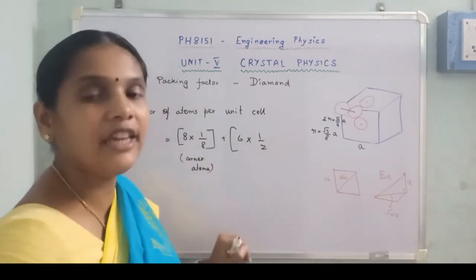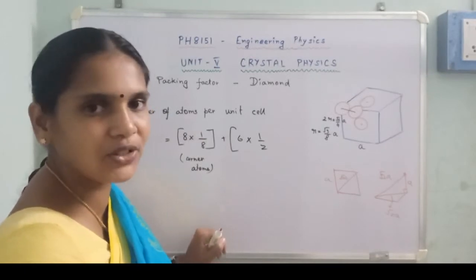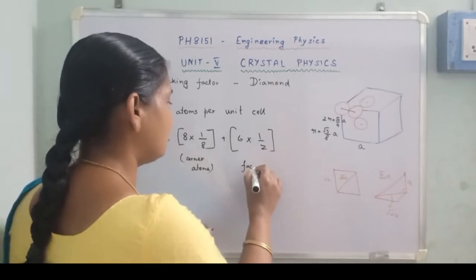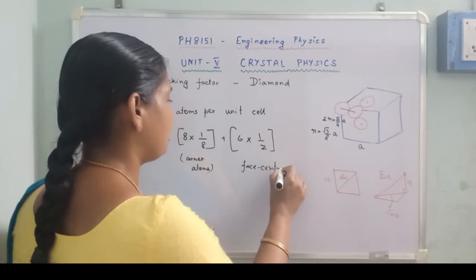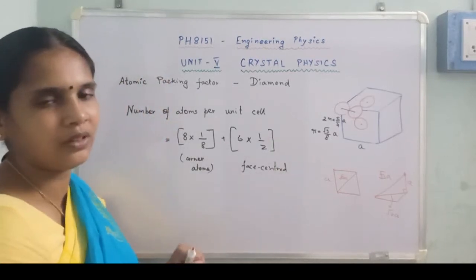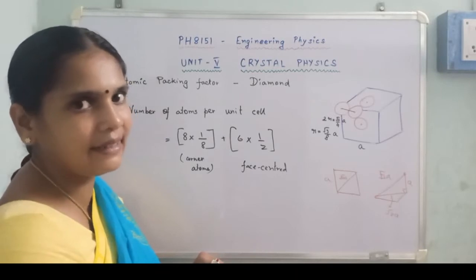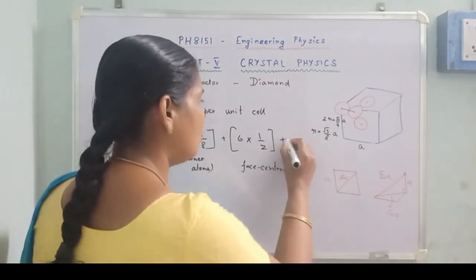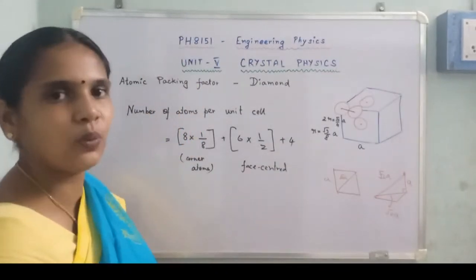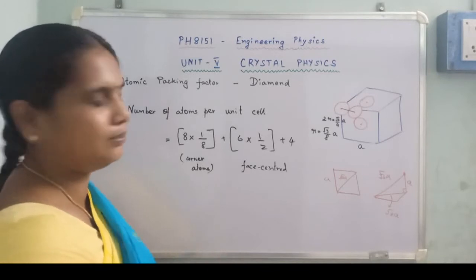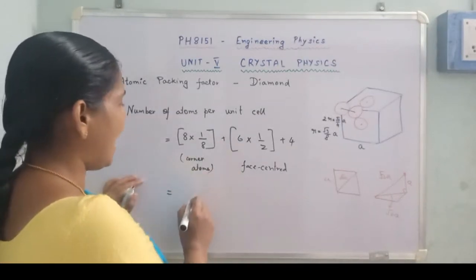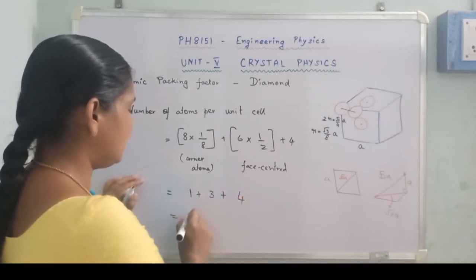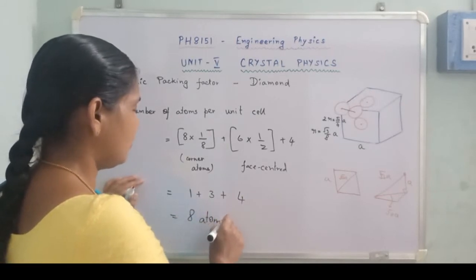Each face-centered atom is shared by 2 adjacent unit cells, and hence the contribution due to the face-centered atoms is given by 6 into half. Due to the intersecting lattice, there are 4 atoms situated entirely within the unit cell of a diamond. So you will have 1 plus 3 plus 4, that is 8 atoms per unit cell.